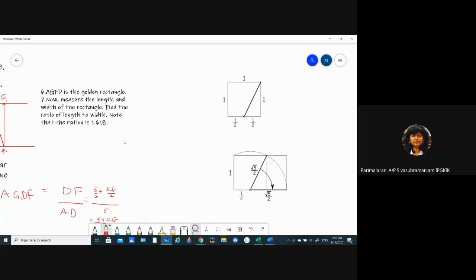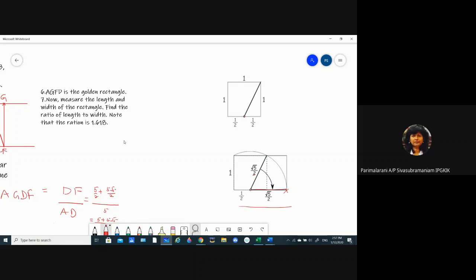So if this is half, this is 1, using Pythagoras theorem, we will find this length is square root 5 over 2. Now using this as your radius, draw an arc and let it cut here at this intersection here. Therefore, this length is also square root 5 over 2 because it is the radius of the circle.